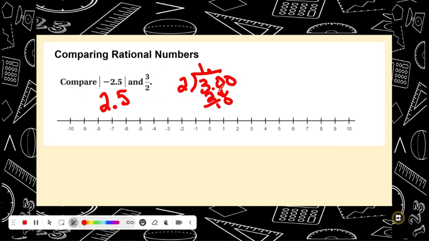Bring down the 0. 2 goes into 10 5 times. So there's your 1.5, 1 1/2. So the absolute value of -2 1/2 would be positive 2 1/2 compared to 1 1/2. So the absolute value of -2 1/2 is greater than 3/2 because it's further from 0.